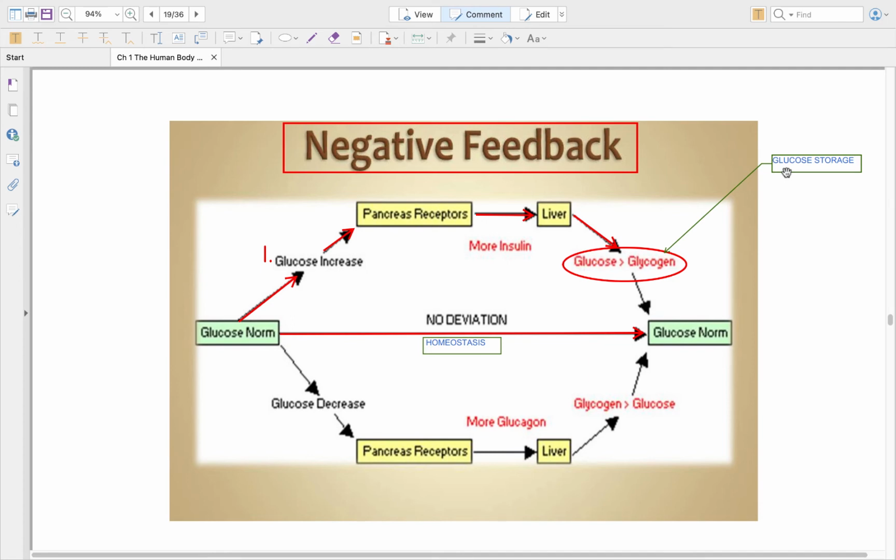Therefore, what's happened here is that the body has reacted, pulled glucose out of the blood, stored it as glycogen, and now the blood glucose is back to normal. All of this happens so fast and so quickly and without any of your knowledge, really. It just happens. And this whole response is called a negative feedback loop.